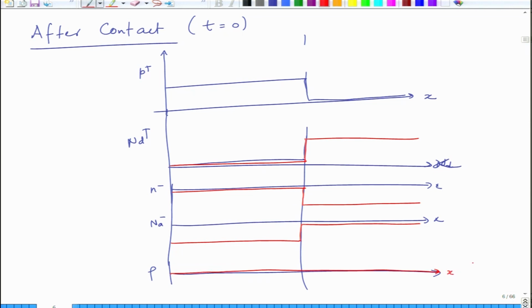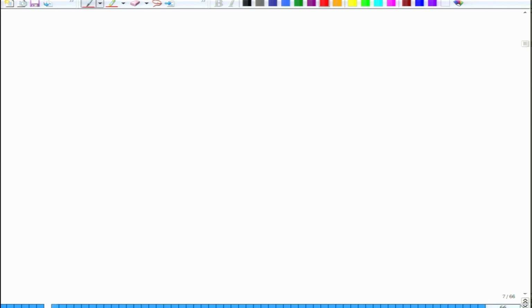This is at time t is equal to 0, okay. So, this is 0, this is 0. So, you can see that now when you put them together, there is a gradient in each of the charge. You can see that there is a gradient in positive charge, there is a gradient in the negative charge. So, what will happen is that when you stick them together, there is a gradient.